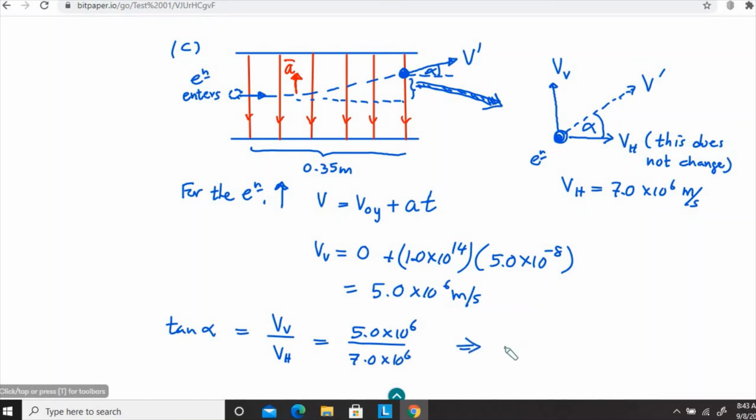So this will yield alpha equals inverse tangent of 5 over 7, and that's approximately equal to 35.5. Up to 2 sig figs, this would be 36. Alpha is 36. So that's how you do this problem.